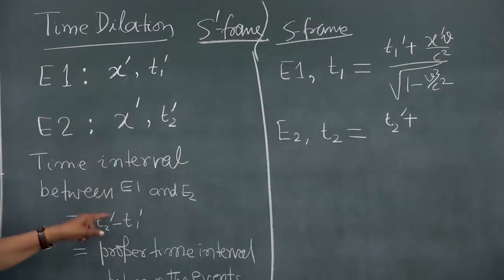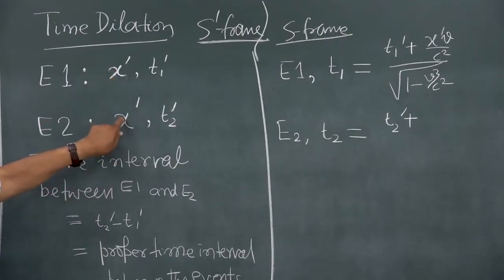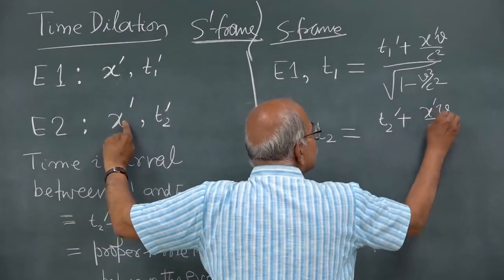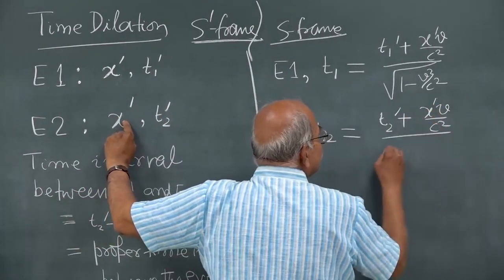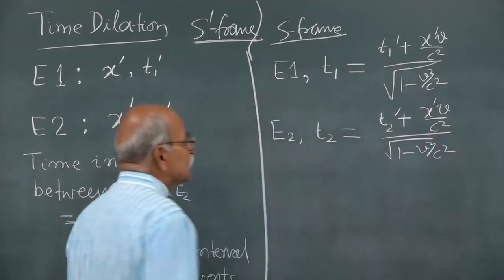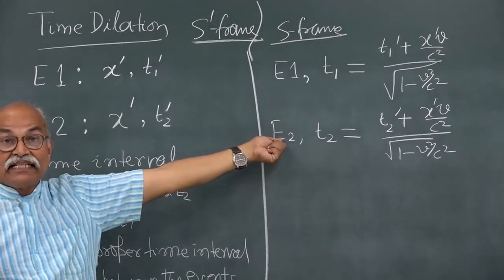The position of this E2, that is again x prime, this x prime and this x prime are the same, so it is x prime times V divided by C square, and then divided by square root of 1 minus V square by C square. So, this is the time of event E2 as measured in the S frame.